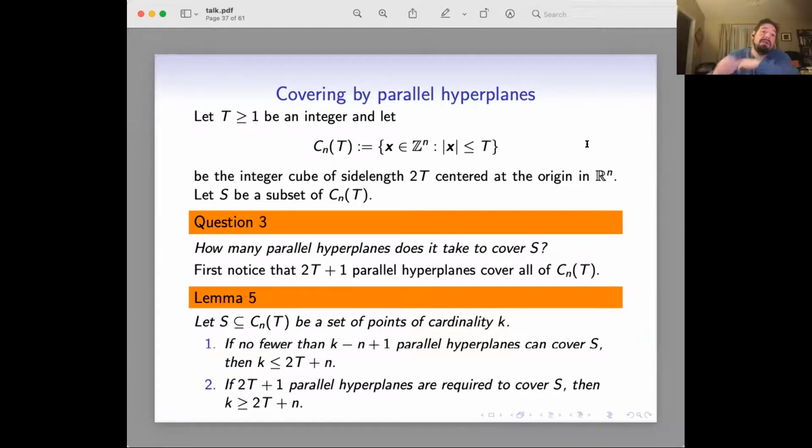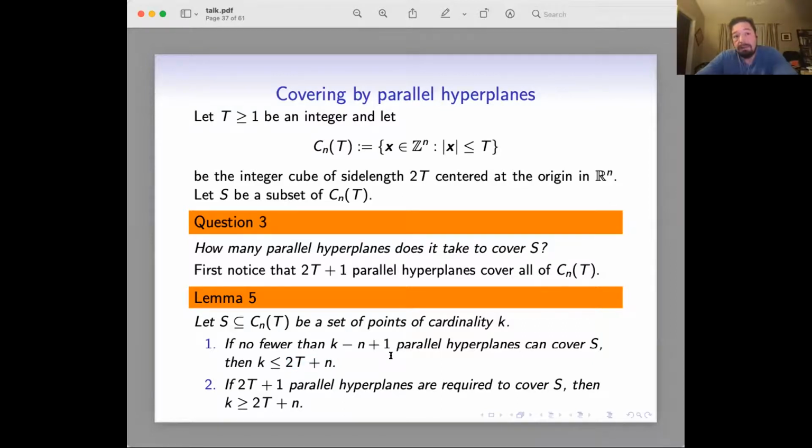Okay, so here's also a lemma that is not difficult to prove. Suppose S is some subset of this integer cube of cardinality k. First, if no fewer than k minus n plus 1 parallel hyperplanes can cover S, then k has to be no bigger than 2t plus n.